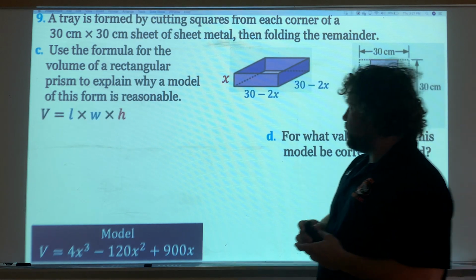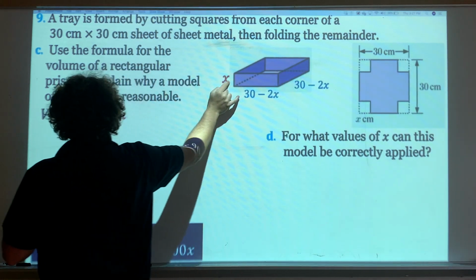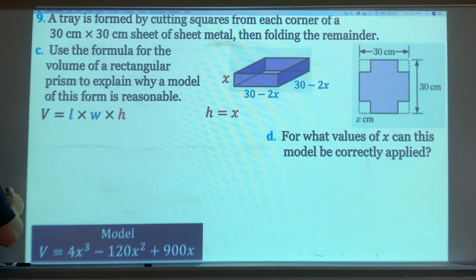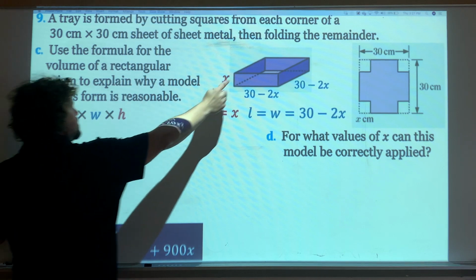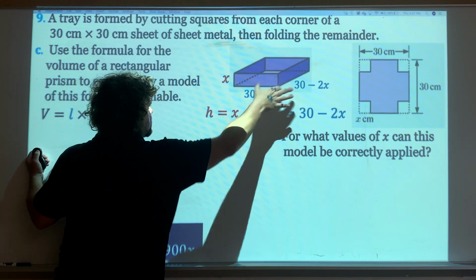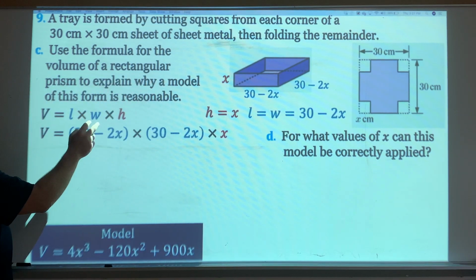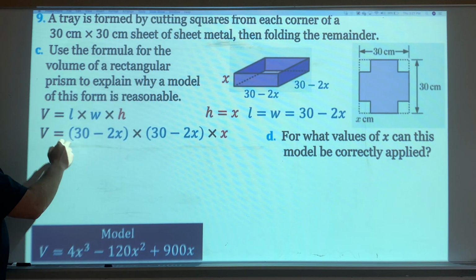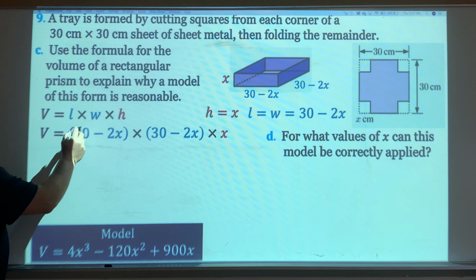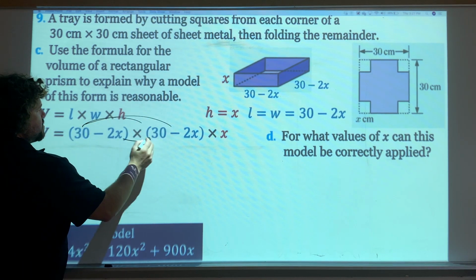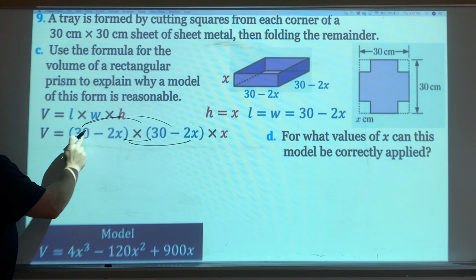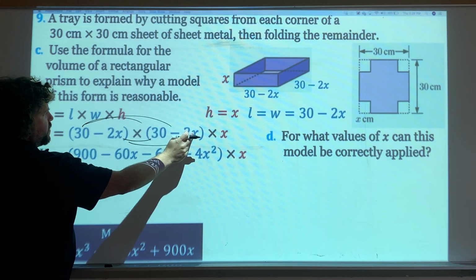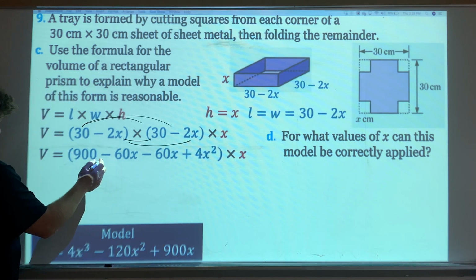So when we use our formula, length and width are equal, and our height is x. So the height is x, length and width are 30 minus 2x. 30 minus 2x times 30 minus 2x times x equals our volume. Now what you're going to do here is distribute this: 900 minus 60x minus 60x plus 4x squared, times x.